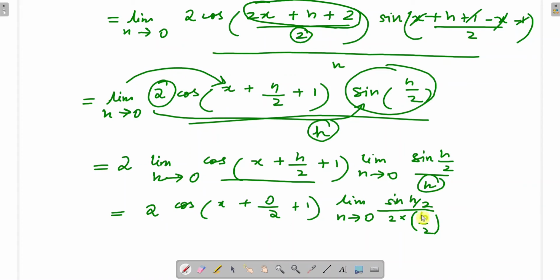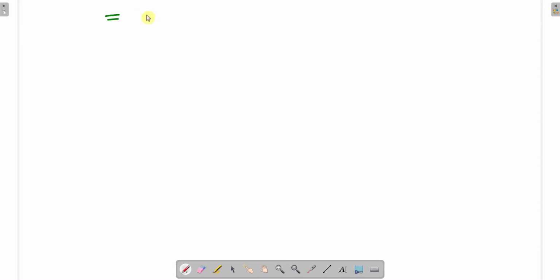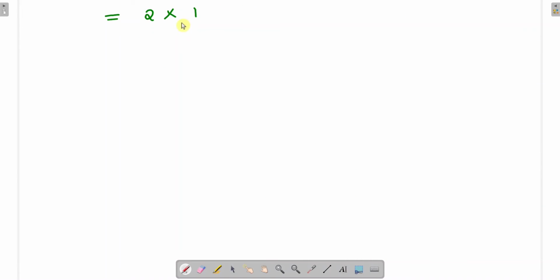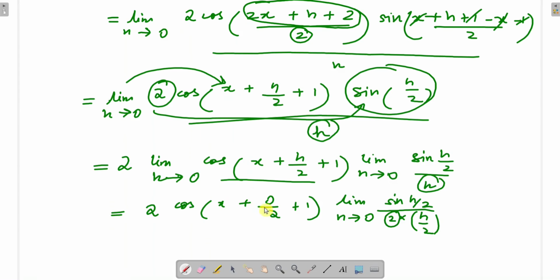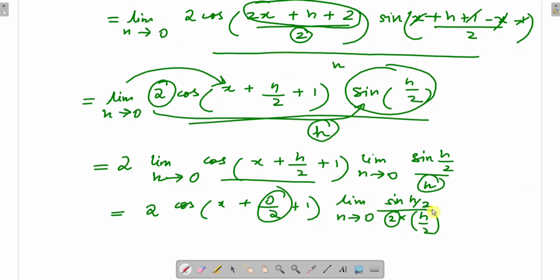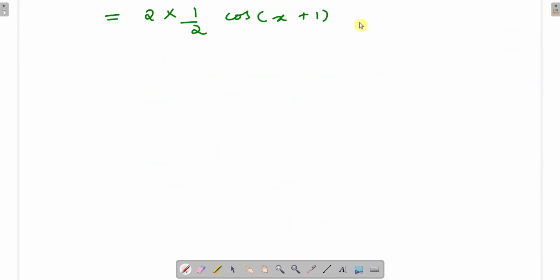Now what we will get here is 2, and this 2 here is actually 1 by 2, so we can take it out here as a constant, and so we get cos of x plus 1 because this is 0, and limit h tends to 0 of sine h by 2 divided by h by 2.